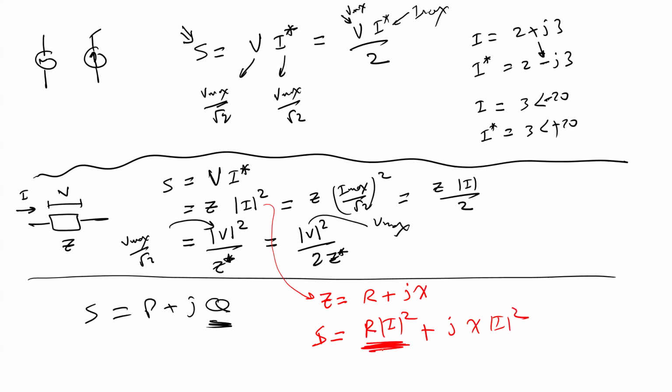So this is going to be the active power because of the resistive load we have. And this part here is the reactive power because of the storage units we have.